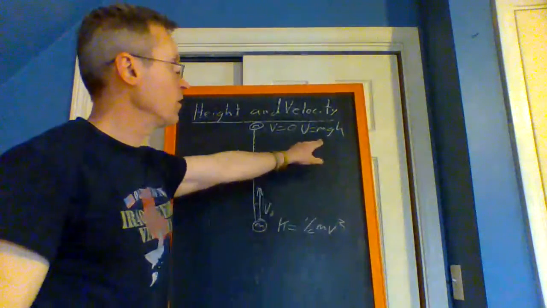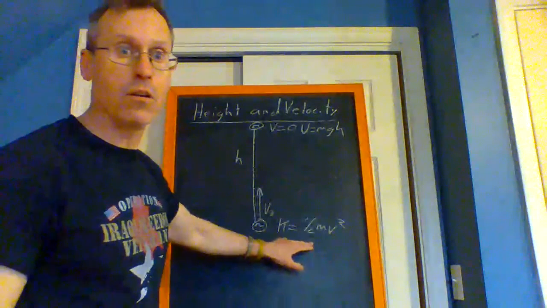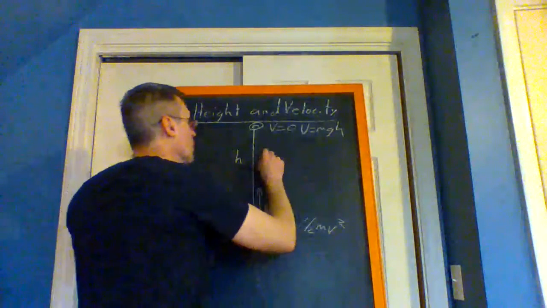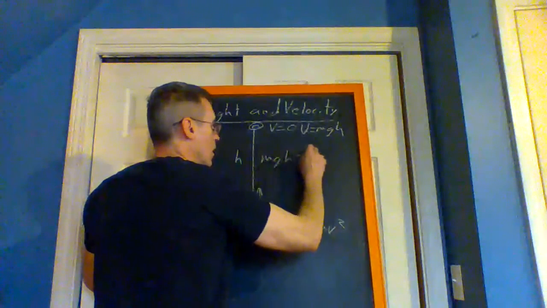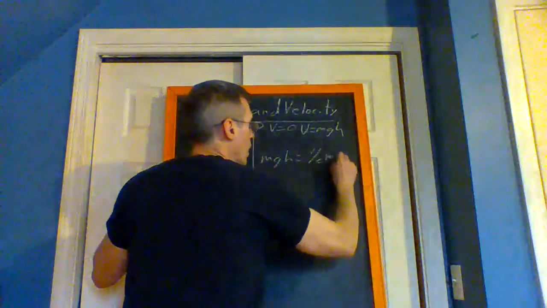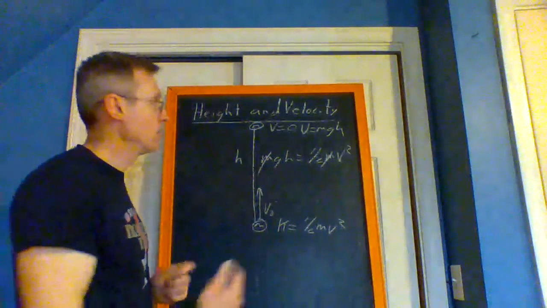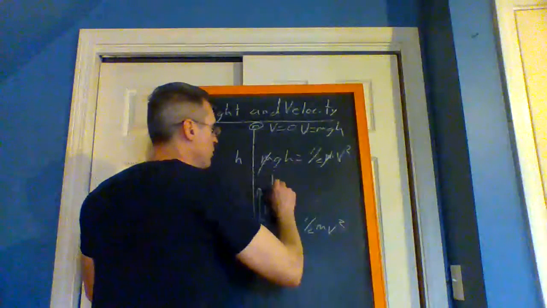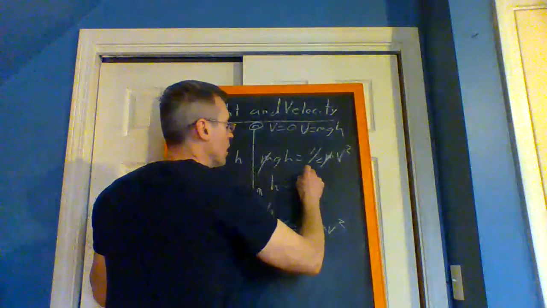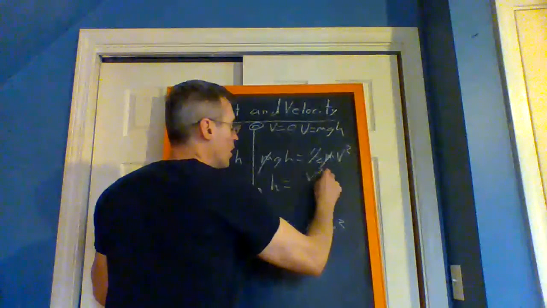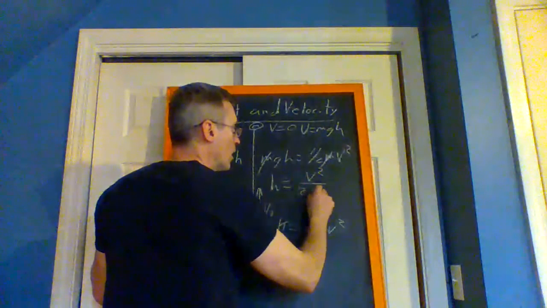And again, I'm going to set the two equal to each other. The m's go away, which is kind of nice, and I'll just solve for the height. So h is equal to v naught squared over 2g.